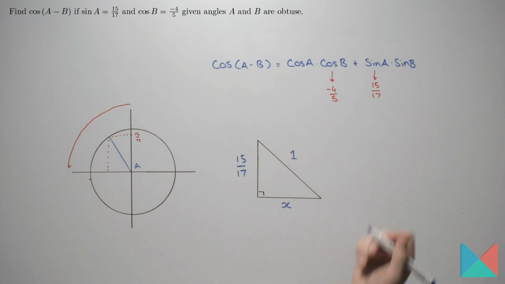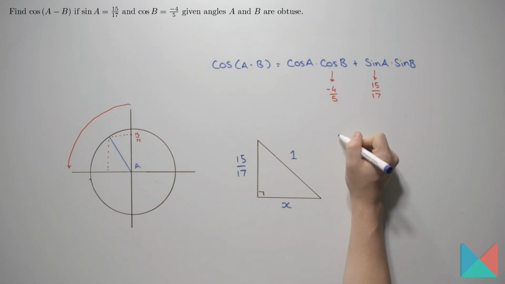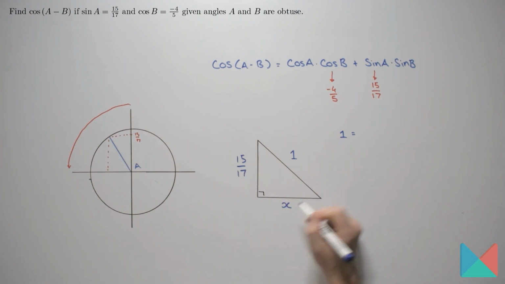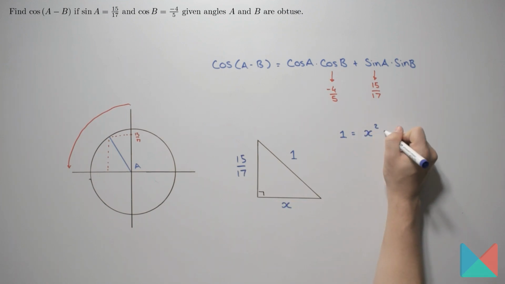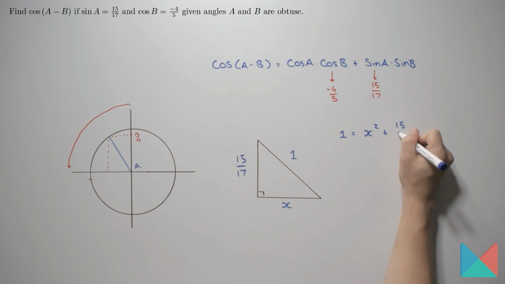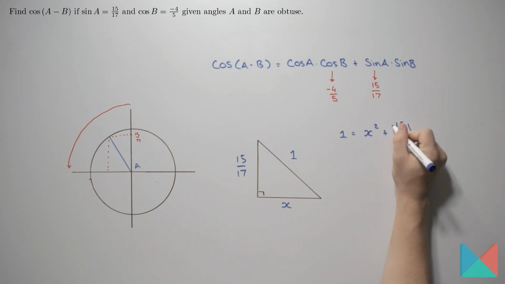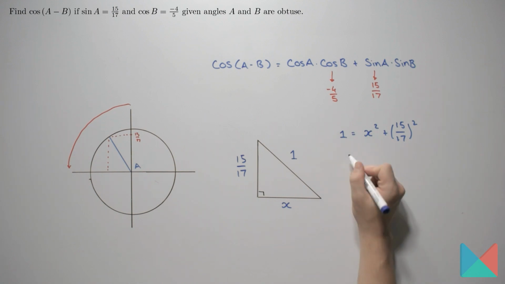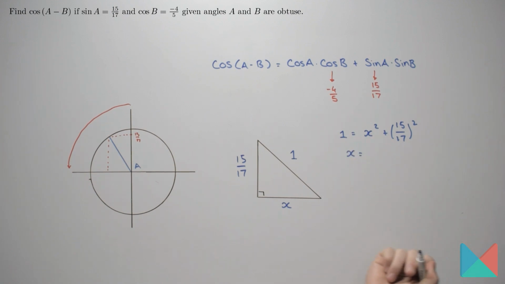And the Pythagorean theorem states that our hypotenuse squared, which is going to be 1 squared, which is just 1, is equal to our other two sides squared. So x squared plus 15 over 17 squared. Now, if we solve this for x on our calculator, we're going to get two solutions.